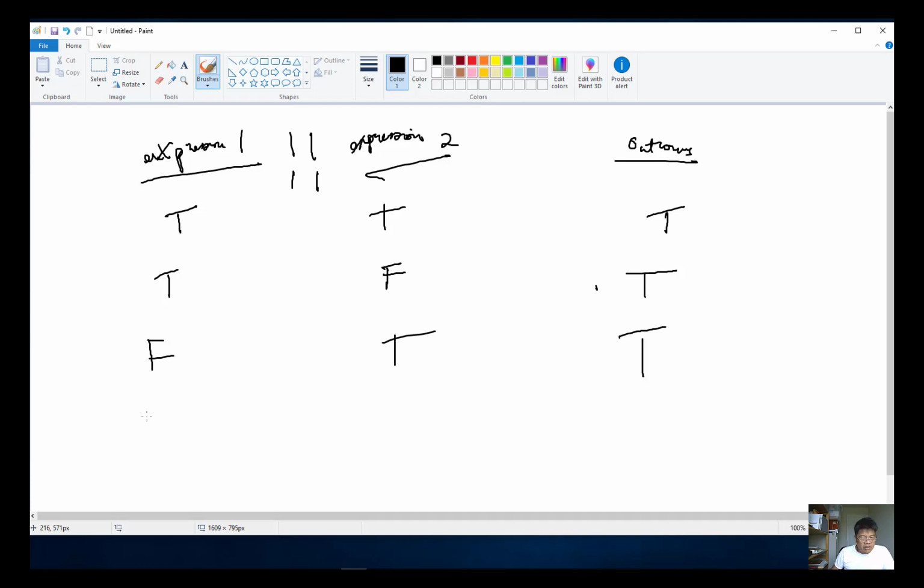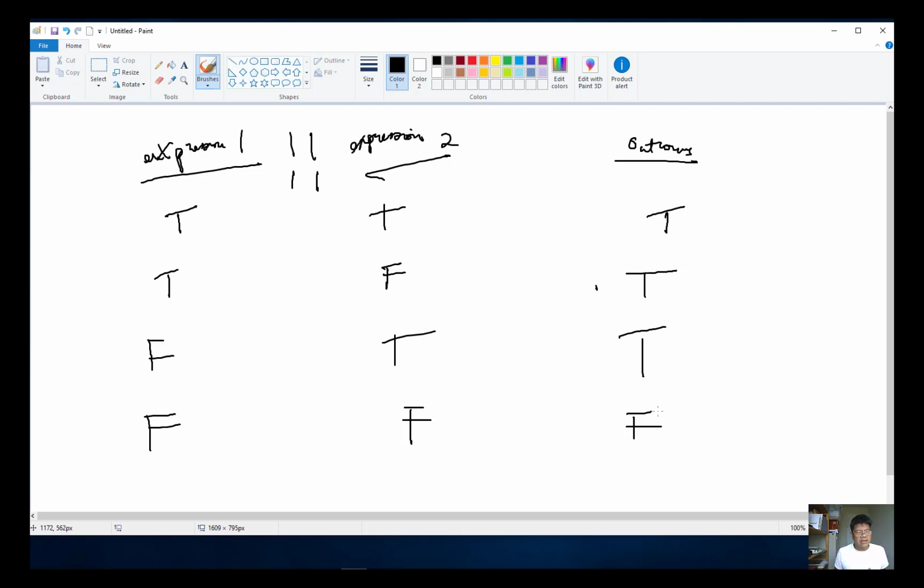And the last one: if this is false and this is false, of course the outcome would be false.